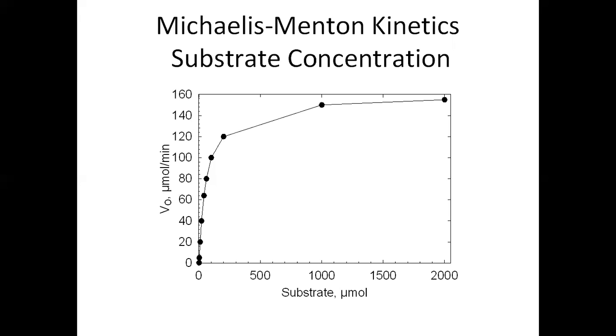The Km is most often described as being the substrate concentration at 1/2 of the maximal velocity. Therefore, the Km would be the substrate concentration at which the velocity is just under 80 micromoles per minute, which would appear from this graph to be at about 100 micromoles of substrate. The shape of this graph is referred to as hyperbolic.